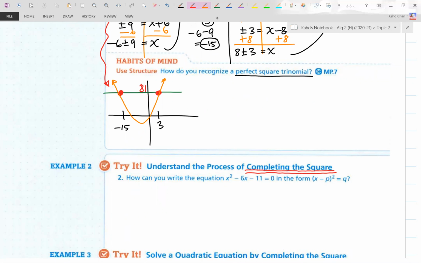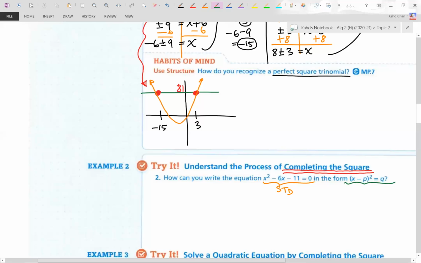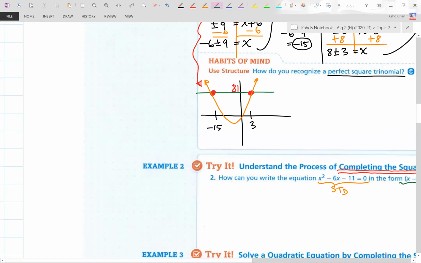So keep that in mind. Here you see there's something in standard form, and eventually we want to get it into vertex form, okay? How do we do that?